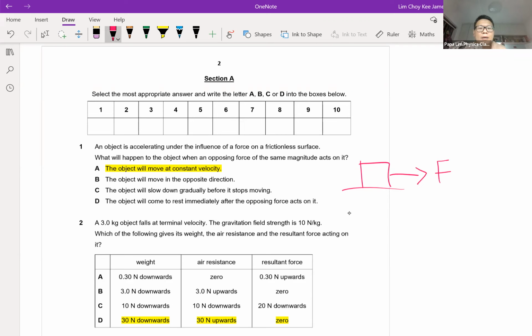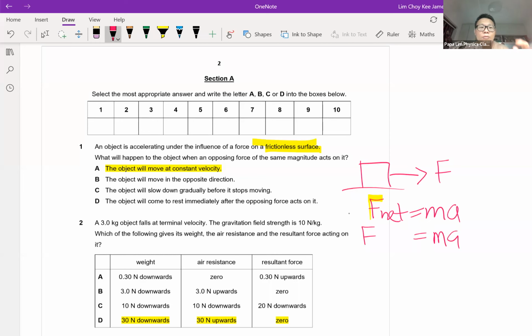Based on the question, there is a frictionless surface, so there's no friction, no opposing force. So at this instant, there's only one force acting on the object, and the net force will be ma. The only force we are looking at is force equal to ma.